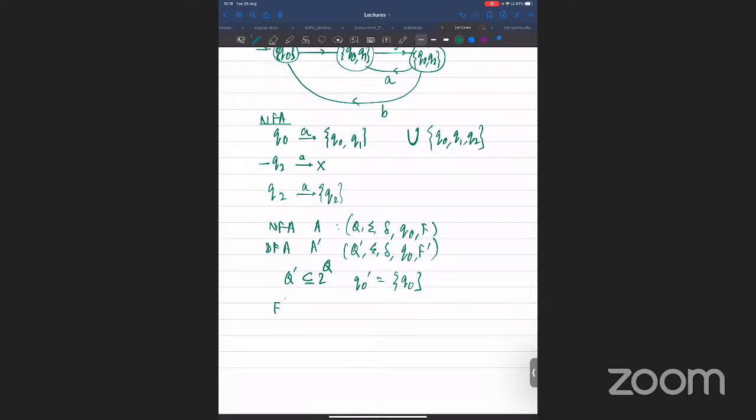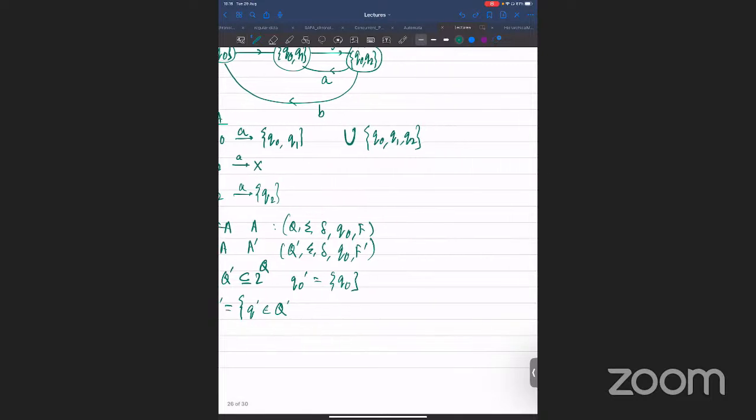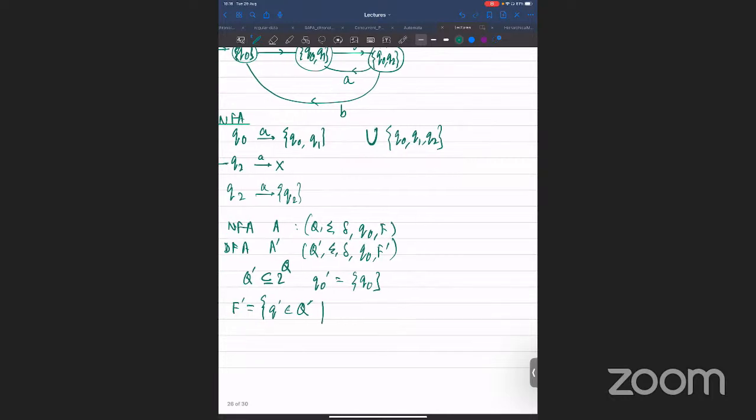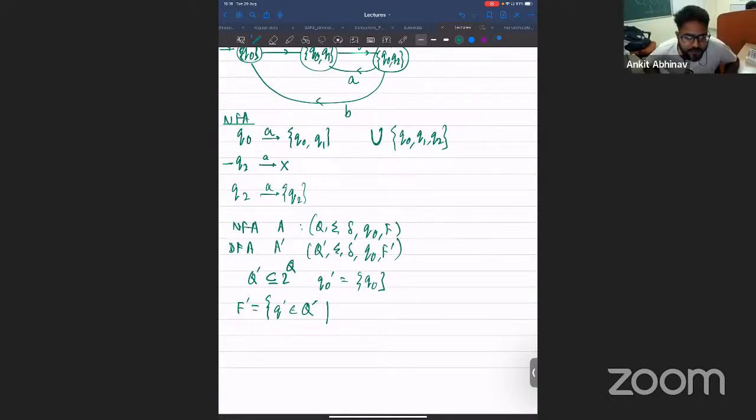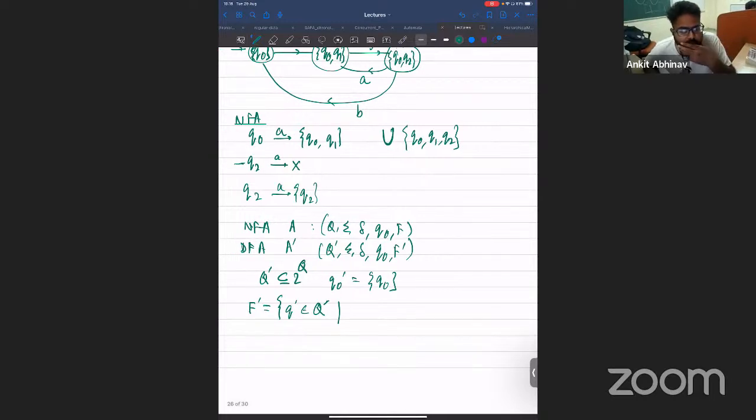And then what is my F prime? This we studied. Q prime belongs to capital Q prime such that delta star, sorry, it should be union of final states, right?